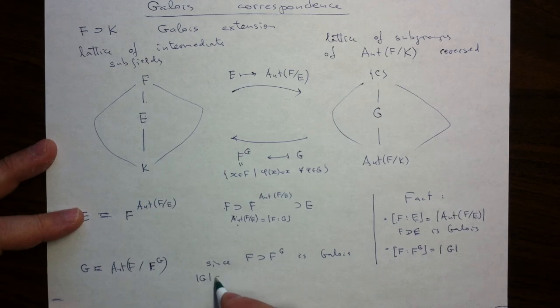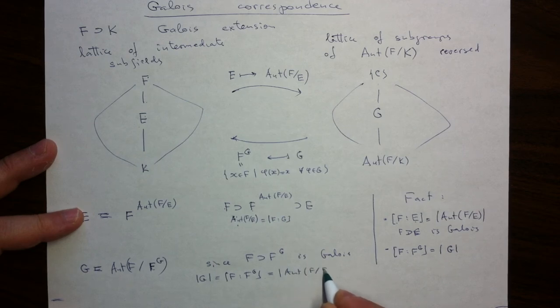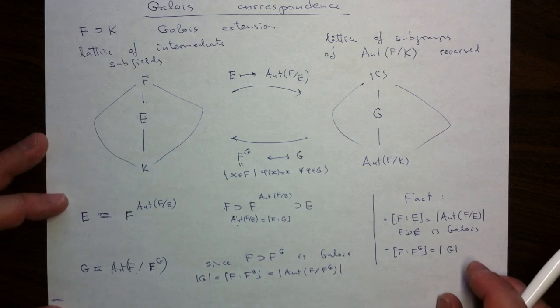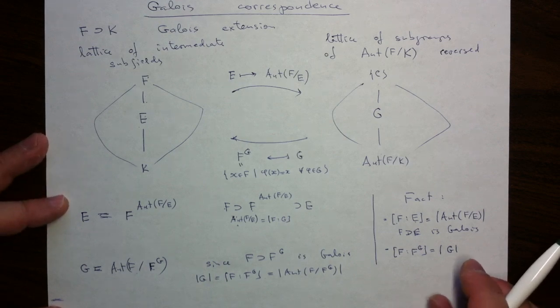So the order of G is equal to the degree by this fact, but also this degree is equal to the order of the automorphism group by the Galois property, and so these are the same sizes and they have to be the same as groups. And that is it. We will use this correspondence.